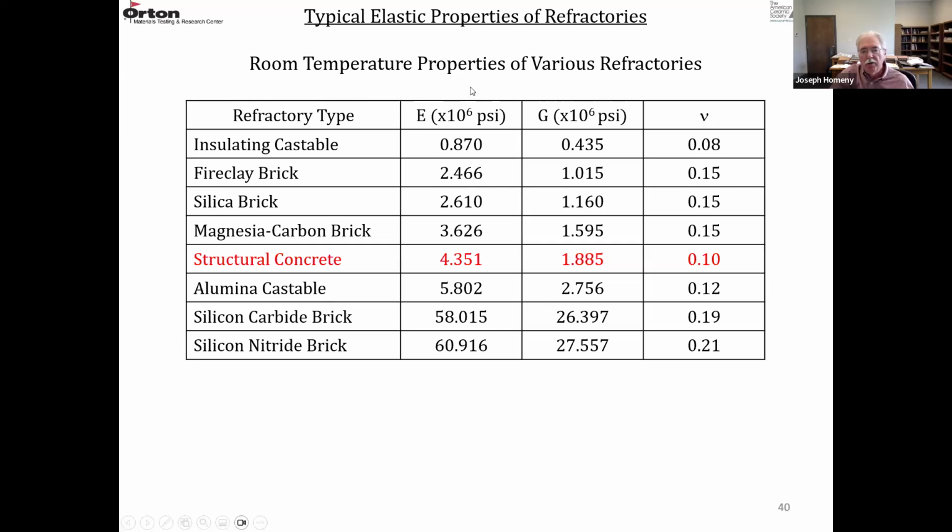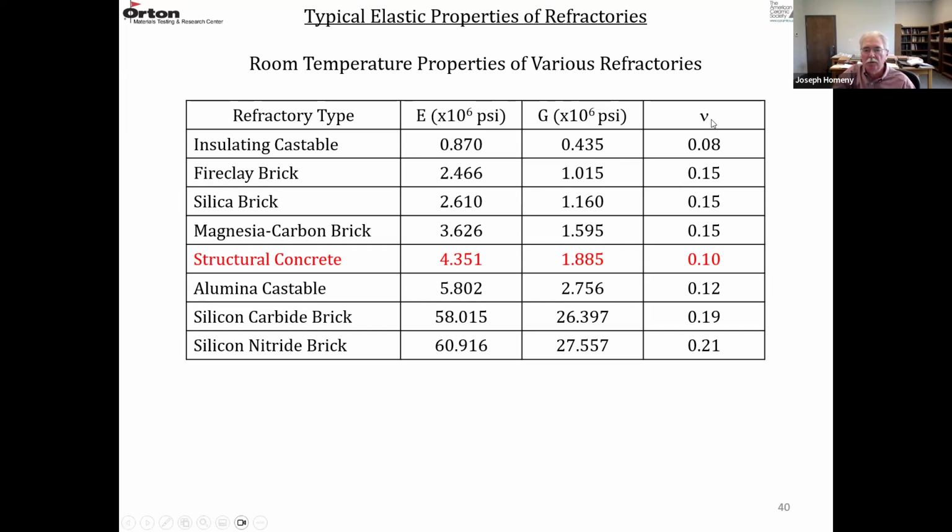So I have some reference tables here for different types of refractories. So we have a refractory type, Young's elastic modulus, and the shear modulus. And you have to multiply these by 10 to the 6 psi. So these are in the millions. So this would be 2 million psi.